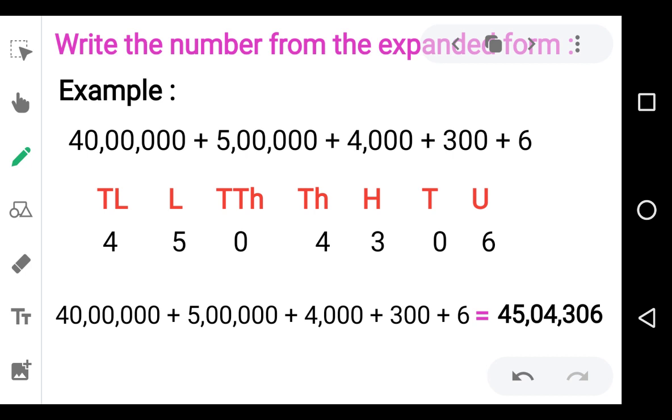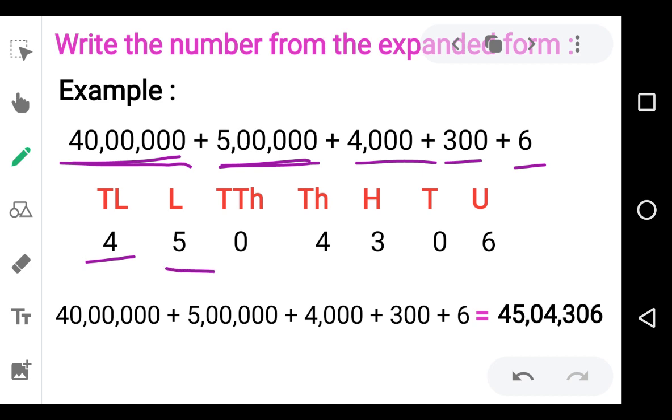See the examples. See, first example is here. This is 40 lakh, 5 lakh, 4,306. Here the expanded form of a number is given. We have to write it in number form. So see here, 40 lakh. 40 lakh means 4 in the 10 lakh place. 5 lakh. 5 lakh means 5 in the lakh place.